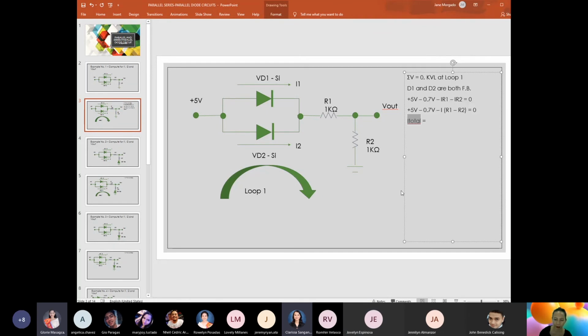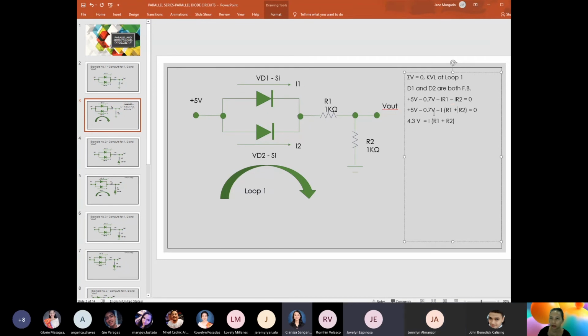So I total would be equal to, anong formula natin? 5 minus 0.7, so 4.3. Is equal to I times R1, times 2 kiloohms, sorry. So, this should have been positive, kasi nilabas natin negative.